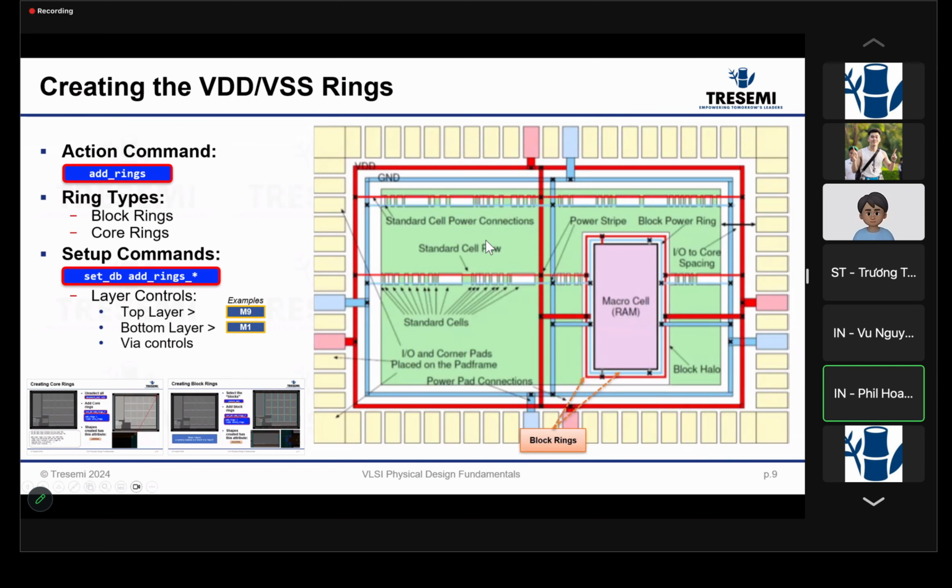You have good IR drop, but no more room to route the chip, unless you grow the die, which increases the cost. So you need to be accurate, to have enough to meet the IR drop constraint, but not too much, which would impact your cost and routability.